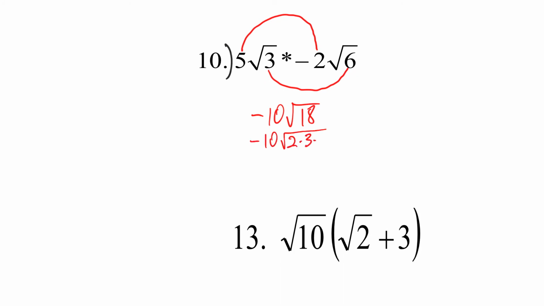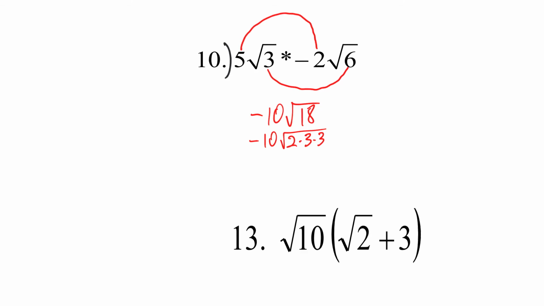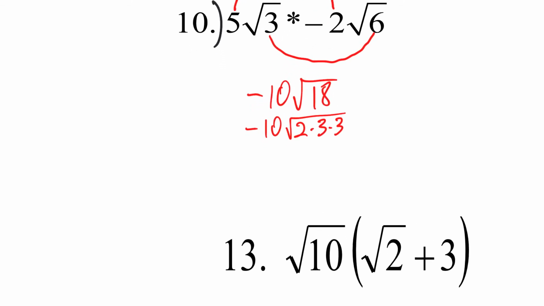It's just 2, 3, 3. So I've got that pair of 3s. That's going to be a 3 out here. So what's that going to give us? -30 square roots of 2.